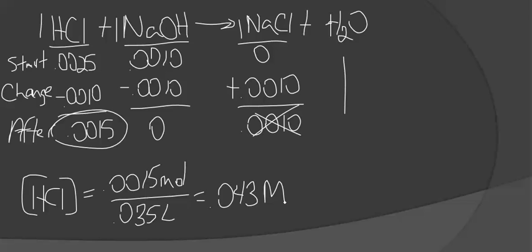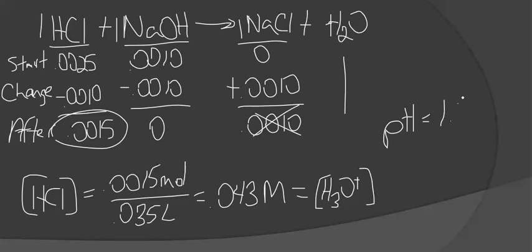Since that's a strong acid, that's also the concentration of H3O+. So to get the pH, take the negative log of 0.043, and the pH of this solution is 1.37.